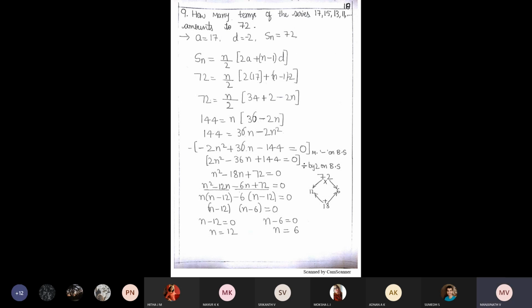After 5, it is minus 2: 5 minus 2 is 3, next 3 minus 2 is 1, 1 minus 2 is -1, right? Next, after -1, what is the answer? -3, right? -3, -5. I think here we got 12 terms, right? 1, 2, up to 12.